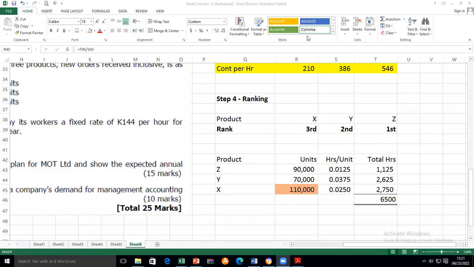So what did we do? Let's go. We took 65, then you remove 1,125 and 2,625. This was the balance of hours remaining.